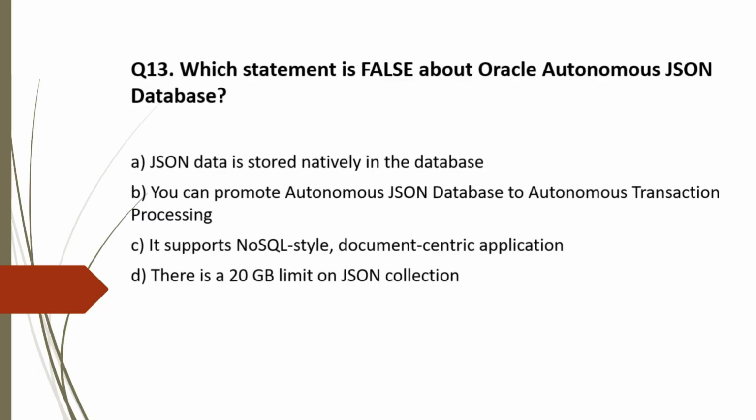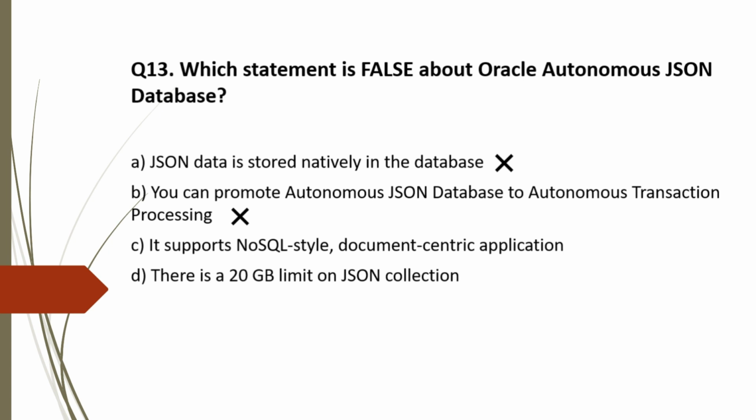So option A, JSON data is stored natively in the database. Yes, this is true for Autonomous JSON Database service, but we need to choose the incorrect statement. Hence, this is wrong. Option B, you can promote Autonomous JSON Database to Autonomous Transaction Processing. This is also a valid statement, so incorrect choice. Option C, it supports NoSQL style document-centric applications.